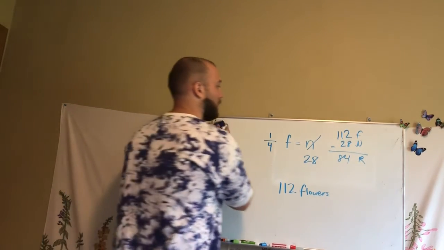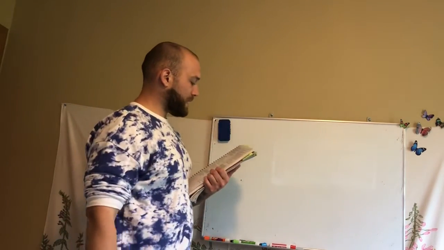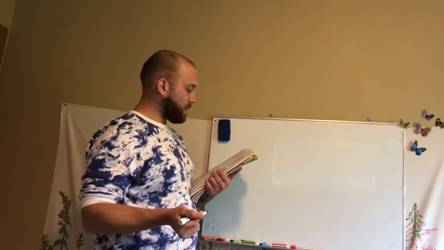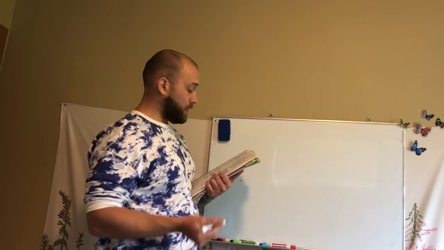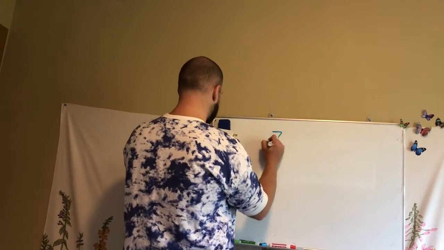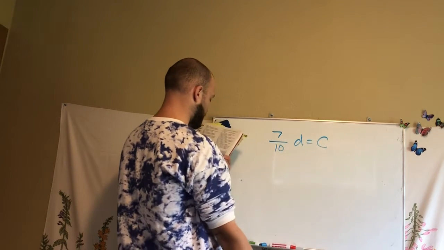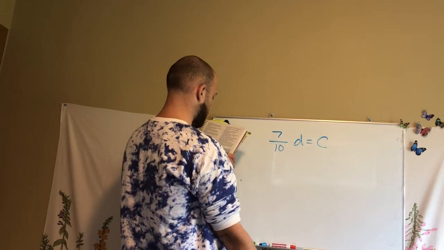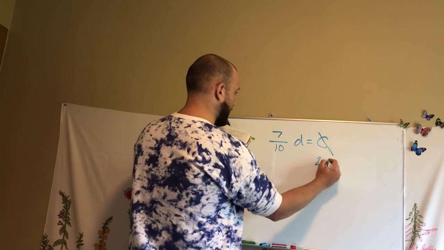So, the first question asks, how many doors were there? The answer you should have is 40 doors, because you're starting out with 7/10 D equals C. And you know that the number it gives you for C is 28.